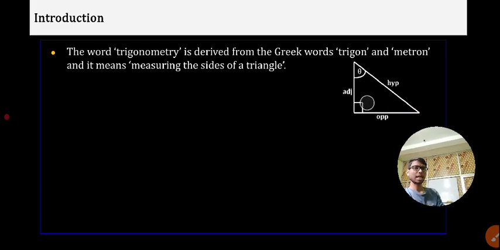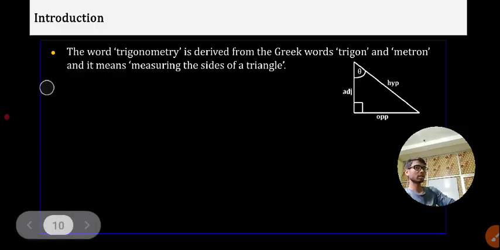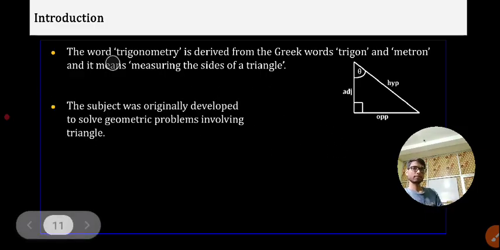We have this right angle triangle. So this is the perpendicular. It is considered as 90 degree. This is adjacent, and this is opposite of this. And this is a fixed hypotenuse. It can be opposite and it can be adjacent according to theta.